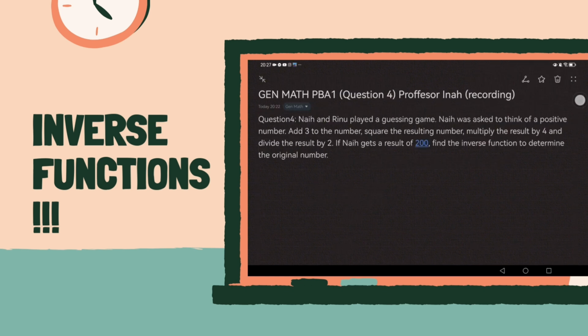For this problem, it is an inverse function. Why? Because we are being asked for the original input while knowing the output already, as it says here. If Nai gets a result of 200, that's the y value. Find the inverse function to determine the original number. This is why we are going to interchange the x and y values as part of the solution to determine the original input.